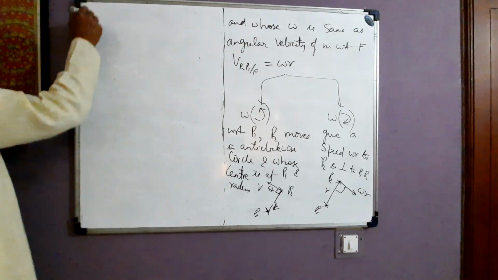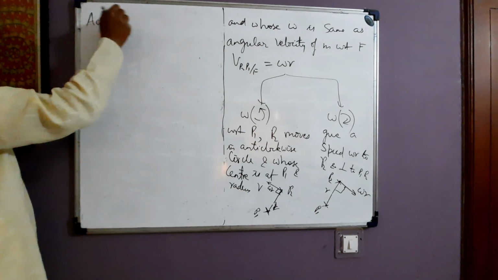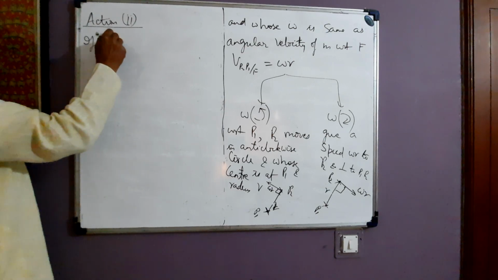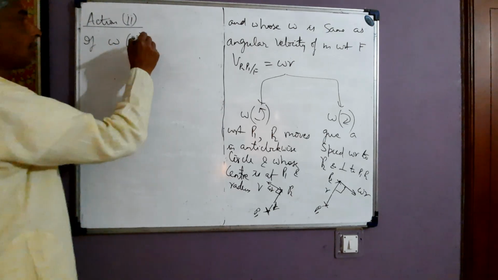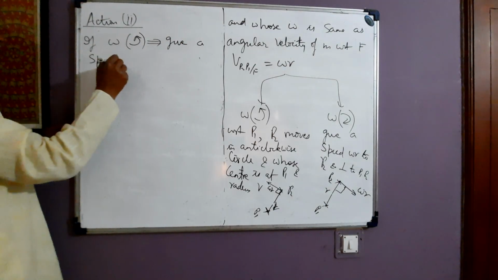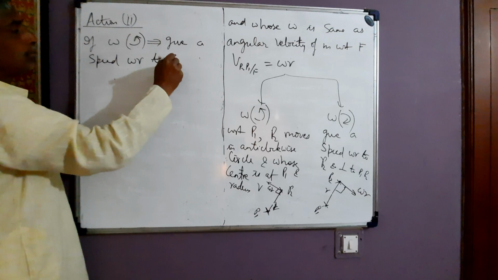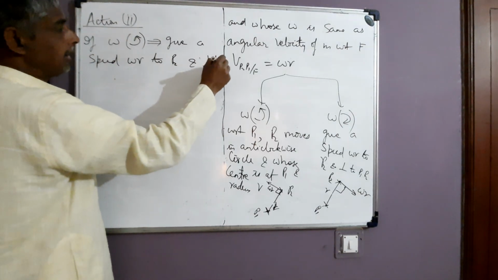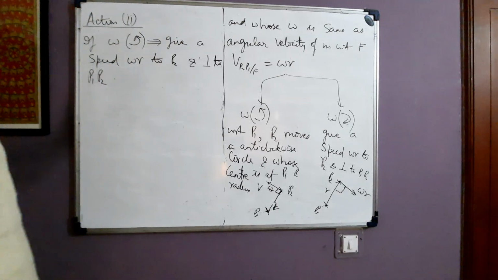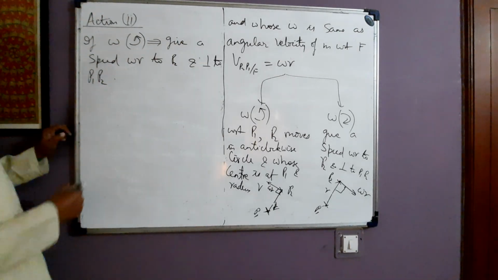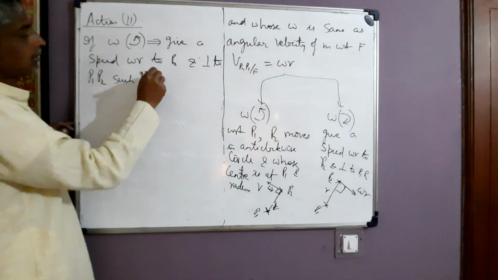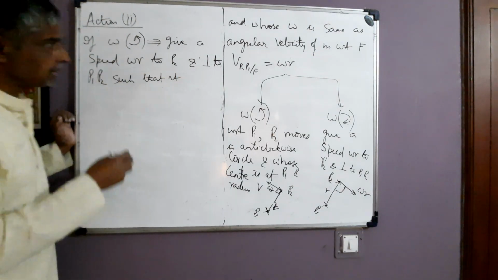So, in action 2, what do we have to take? If the sense of omega is anti-clockwise, in that case give a speed omega r to P2 and perpendicular to P1 P2, such that it corresponds to anti-clockwise omega.